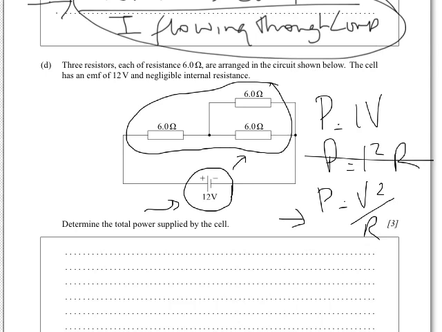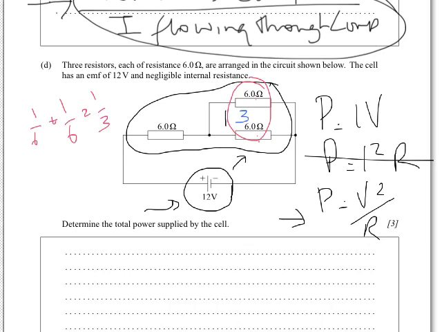Okay, so what have we got? We've got 2 resistors in parallel, and because those 2 resistors are the same, we know that the total resistance here is going to be 3 ohms, because 1 over 6 plus 1 over 6 gives you 1 over 3. So that is 3 ohms.